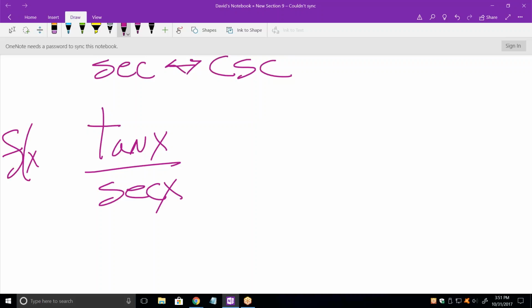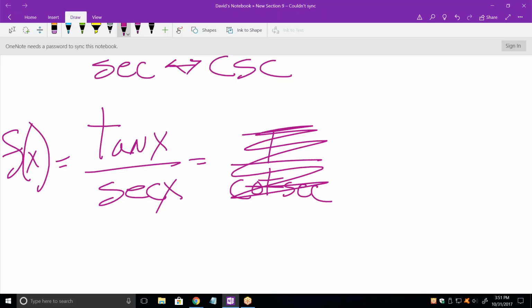Even if it wasn't an equation, that's an expression that we can simplify. Well, there's nothing in common with cotangent and secant. So I'm not going to turn tangent into cotangent. I could. In other words, that would be 1 over cotangent times secant. True statement. But it doesn't help us simplify it.